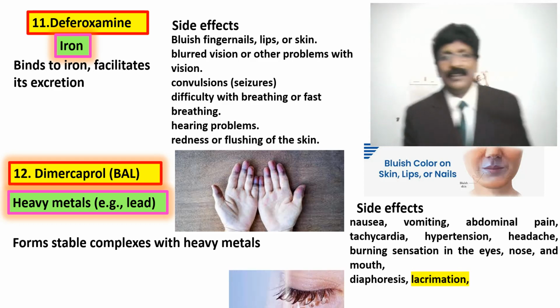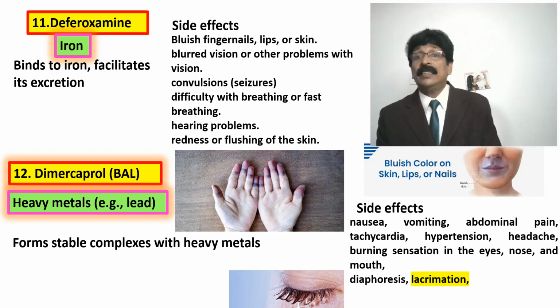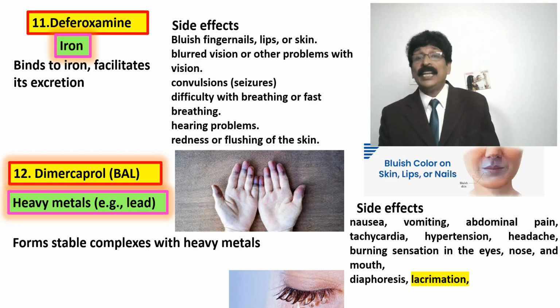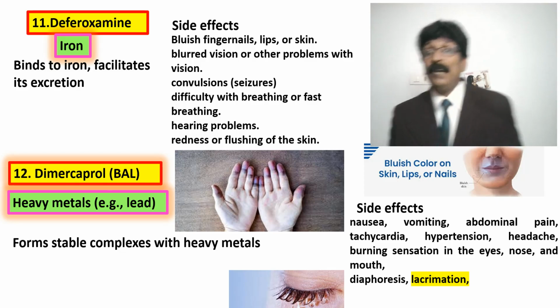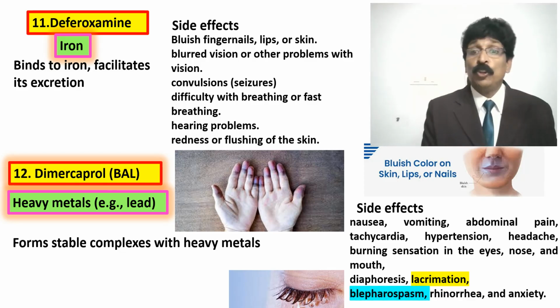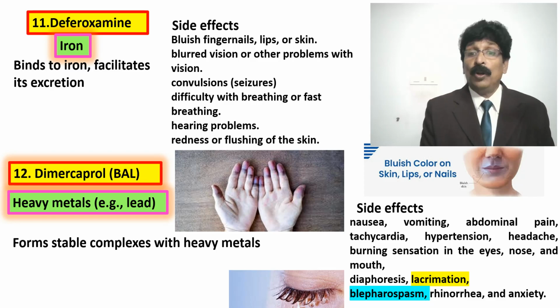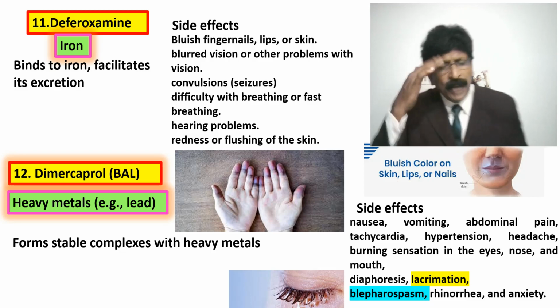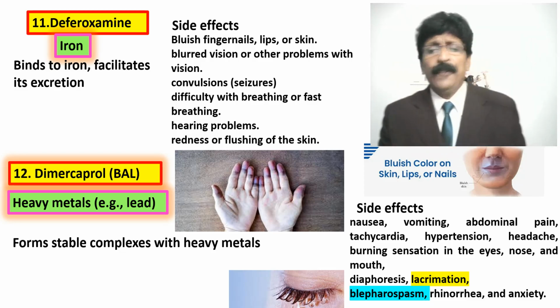lacrimation, that means the eyes, you can see the secretions, the tears, and also blepharospasm. What is blepharospasm? Drooping of the eyelids, difficult to open.